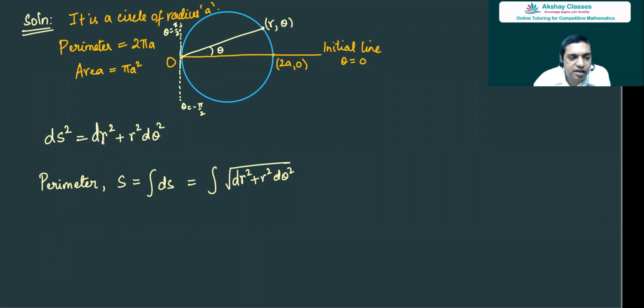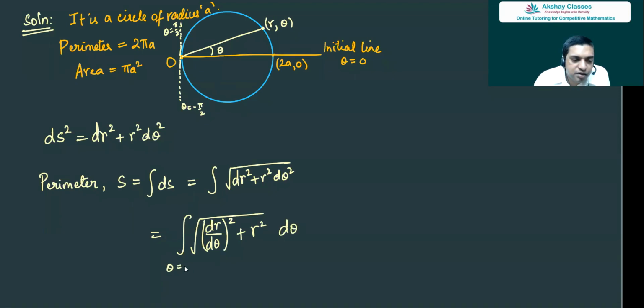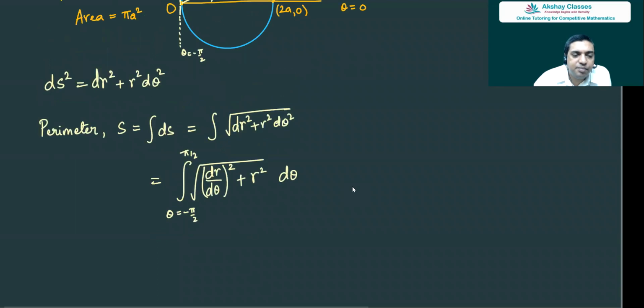It's not r square, dr square plus r square d theta square. Now I have to integrate with respect to theta. So I pull out d theta. So I get under root dr by d theta square plus r square d theta. Theta varies from minus pi by 2 to pi by 2. This is the perimeter.